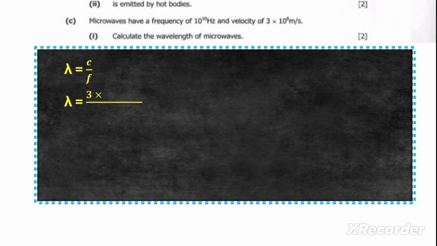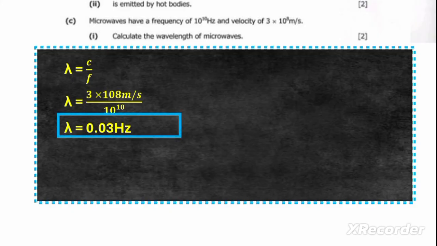The speed of light has been given, which is 3 times 10 to the power 8, divided by 10 to the power 10. We are going to get 0.03. This is our answer. We are done with this question.